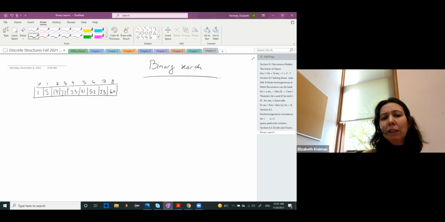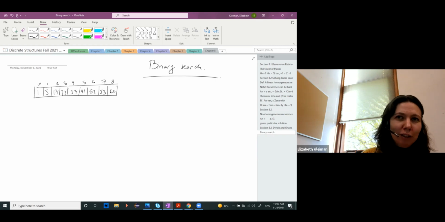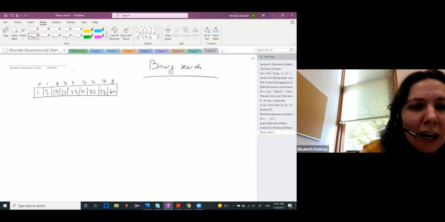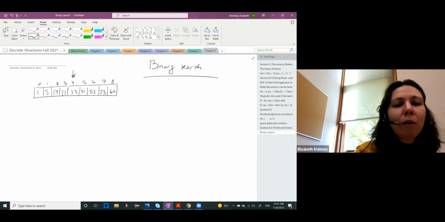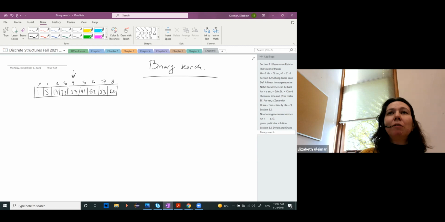So binary search tells me this. It says, okay, find a midpoint. In this case, what apartment is the mid apartment? 4, correct? So I'm in apartment 4. What I'm going to do is find the mid apartment and check who is there.